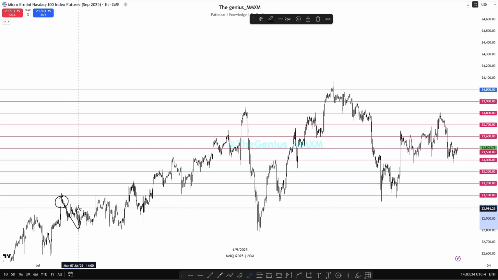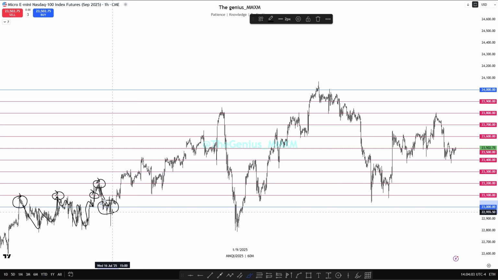We went down, rejected, gained, but rejected again this level, went down, found support, broke through until the price had enough strength to gain this level and go to the next level, but unfortunately we rejected again and moved to the 23,000 level. As you can see here, price is acting as support on this level, meaning we have respected the 23,000 level and we can have our eyes up here at the 24,000 level.